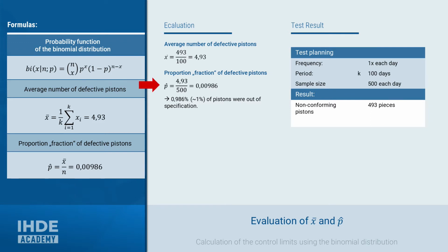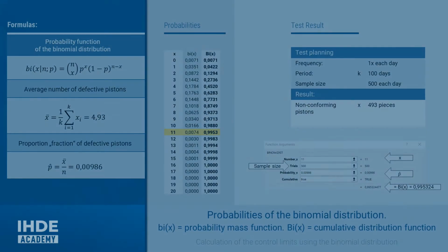There is also a proportion of defective pistons of 0.00986, calculated from X bar and a sample size of 500. A p-value of 0.00986 means that approximately 1% of all pistons do not meet the specification.